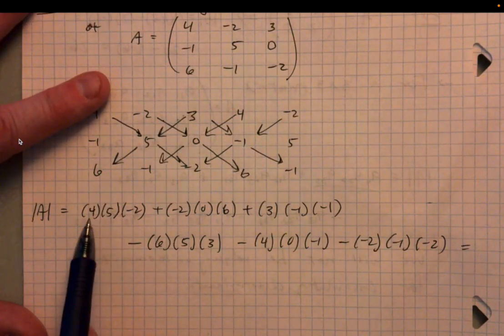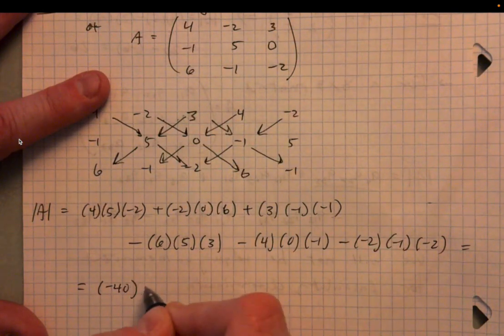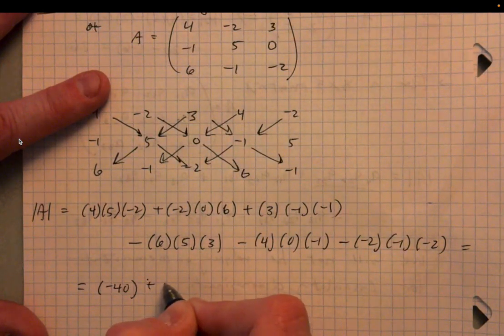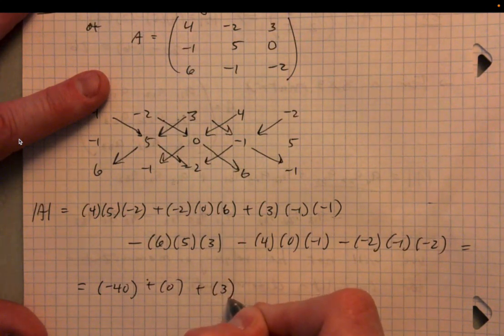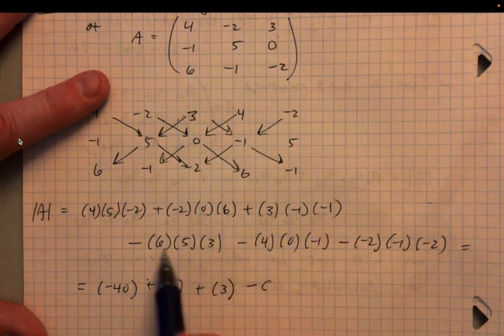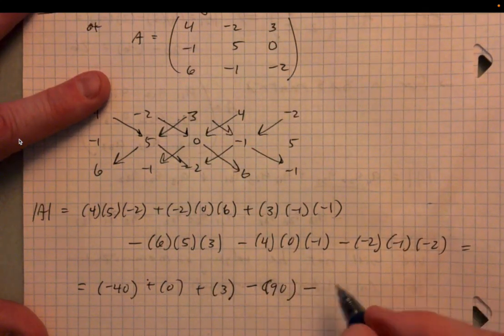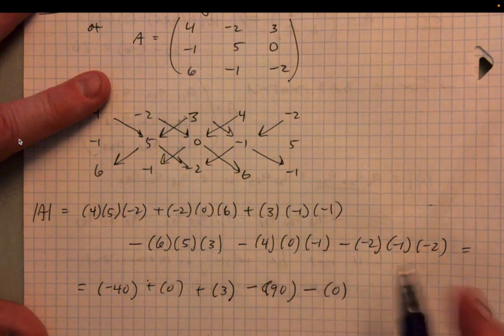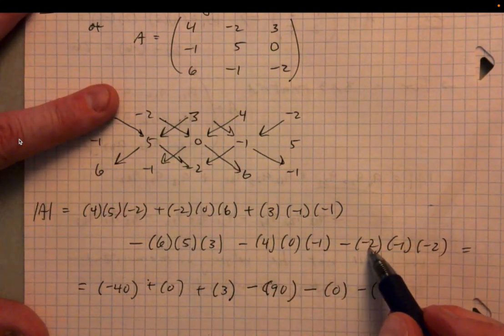So this is going to be, let's see, we got a -40 plus 0 plus 3, minus, now this is going to be a 90, minus another 0, and then minus -4.